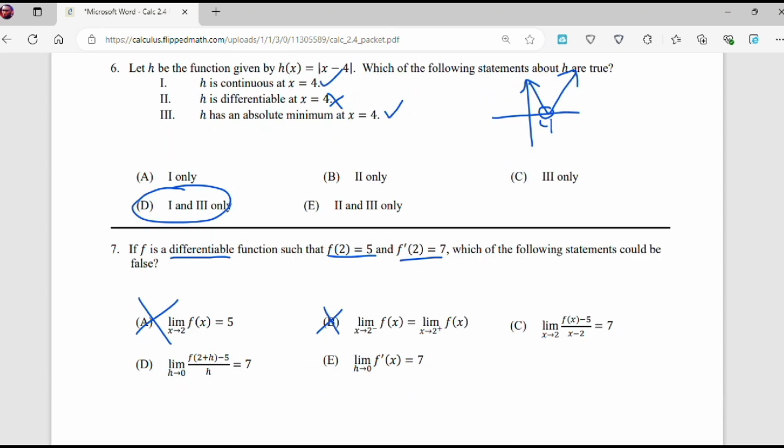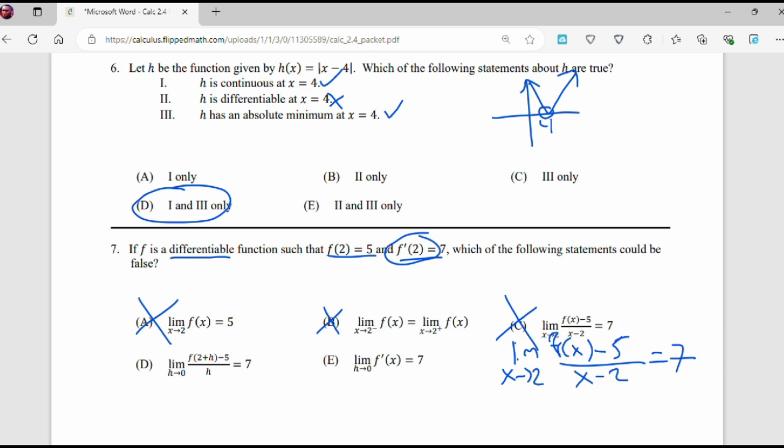We see this same format for number C. So we have f of x minus, and then f of a is given in the problem, which is 5, over x minus a. So this is saying that our derivative at x equals 2 of f is 7. And again, that is given here. And so C has to be true. So we are left with answer choices D and E.